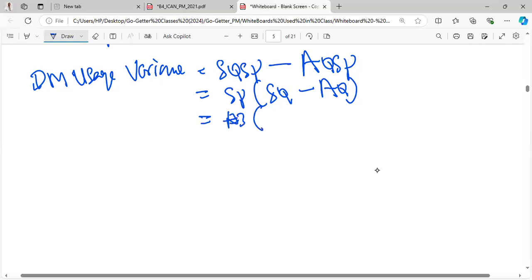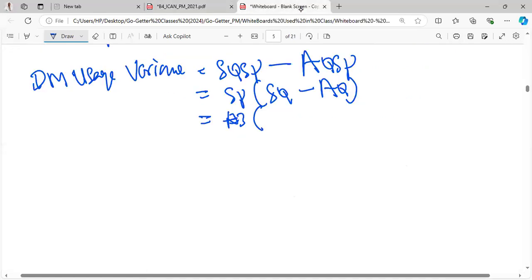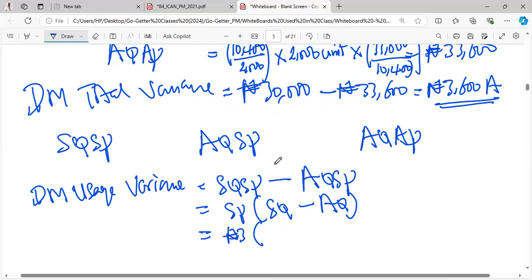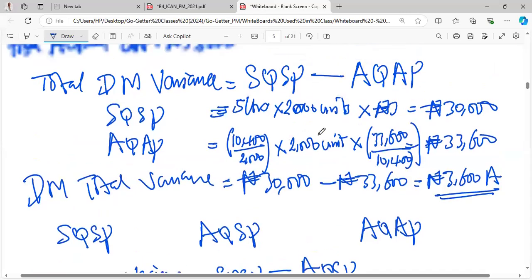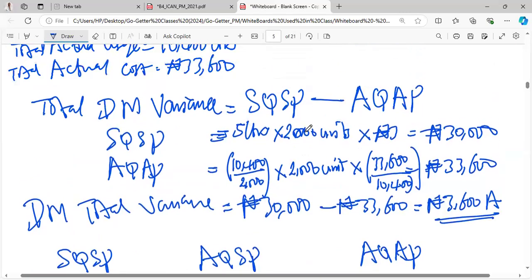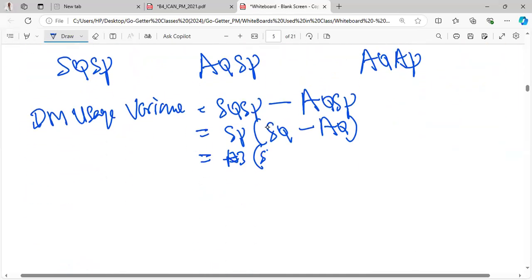The standard quantity here is what did we get here? 5 times 2,000. 5 liters times 2,000. So that's the standard quantity.